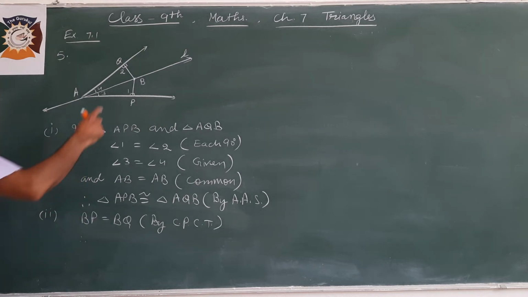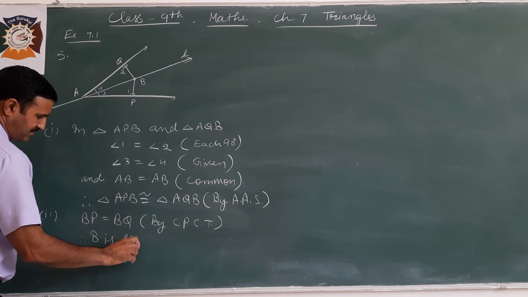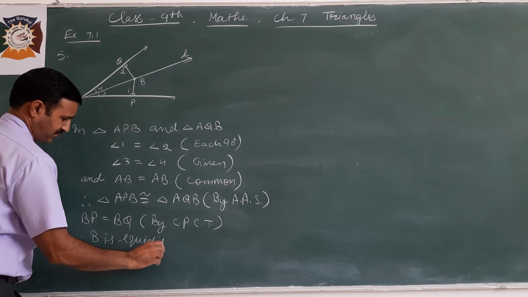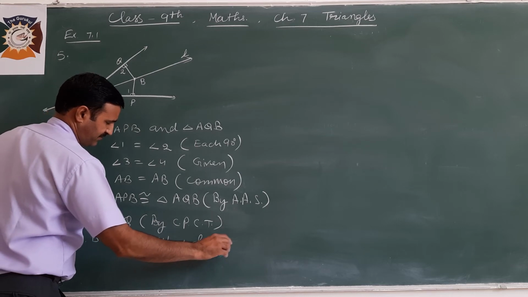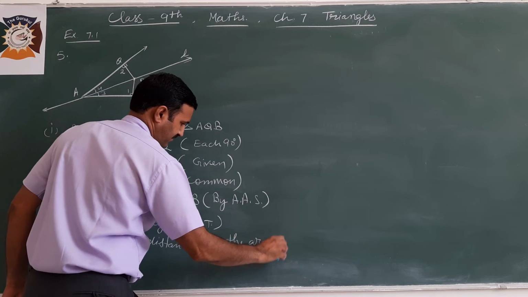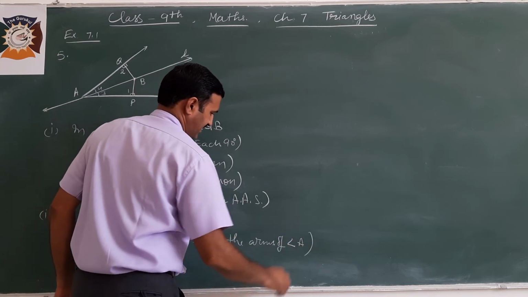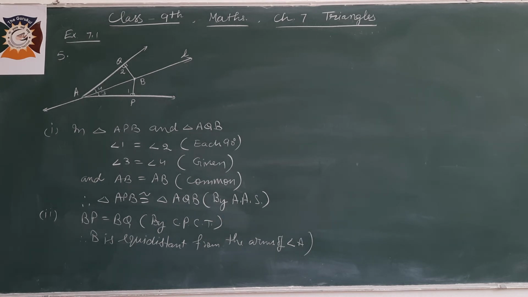Therefore, we can say B is equidistant from the arms of angle A, एंगल ए की दोनों आर्म से इक्वल डिस्टेंस पर है पॉइंट बी, हैंस प्रूव्ड.